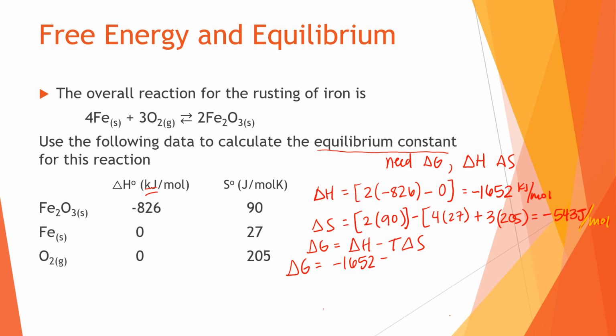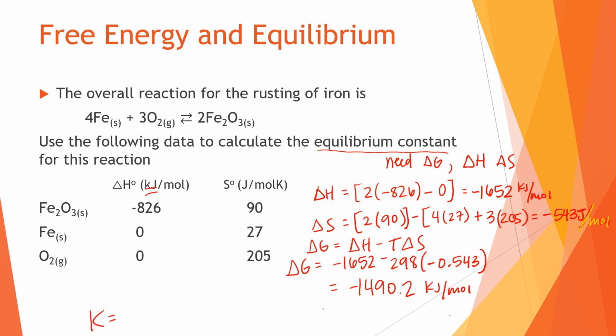My temperature is at standard, so 298. And then my change in entropy was in joules, so I've got to change that to kilojoules, negative 0.543. And when I do that math, I get negative 1490.2 kilojoules per mole. So that's my delta G value.